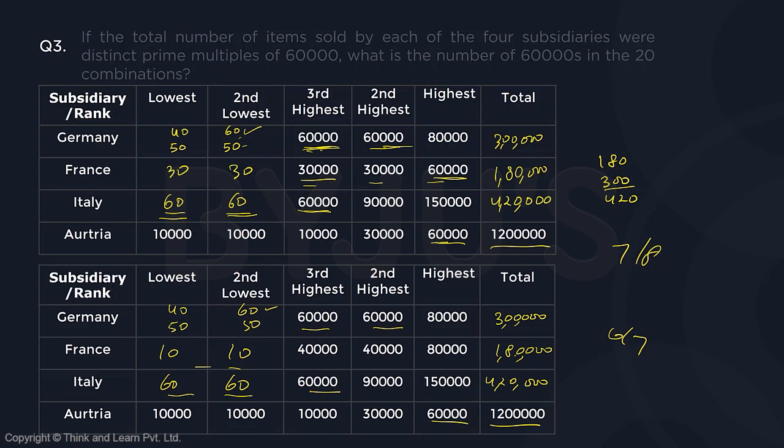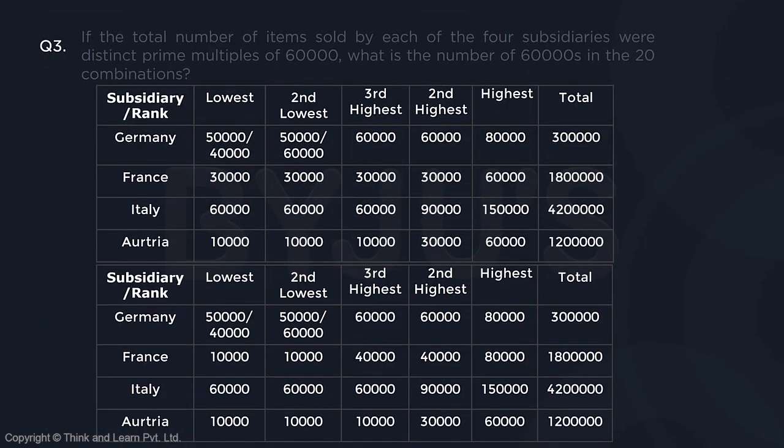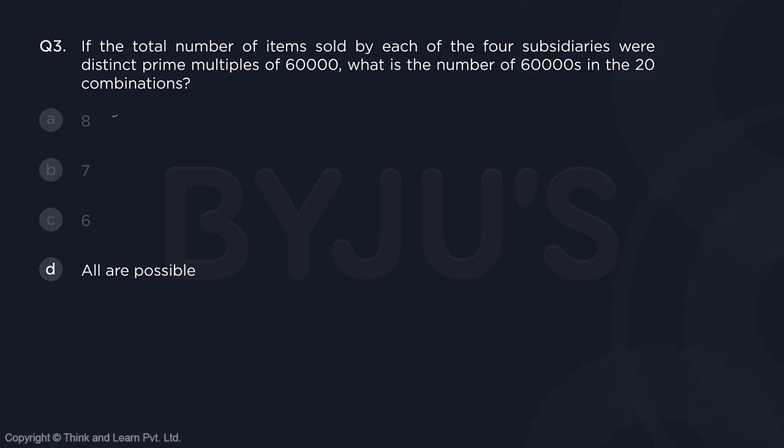So either 6 or 7 or 8 in the 2 scenarios, right? These are the 2 cases I have taken. In the first case, either 7 times or 8 times. In the second case, it is either 6 times or 7 times. So answer would be 6, 7, 8, all are possible. Got it?